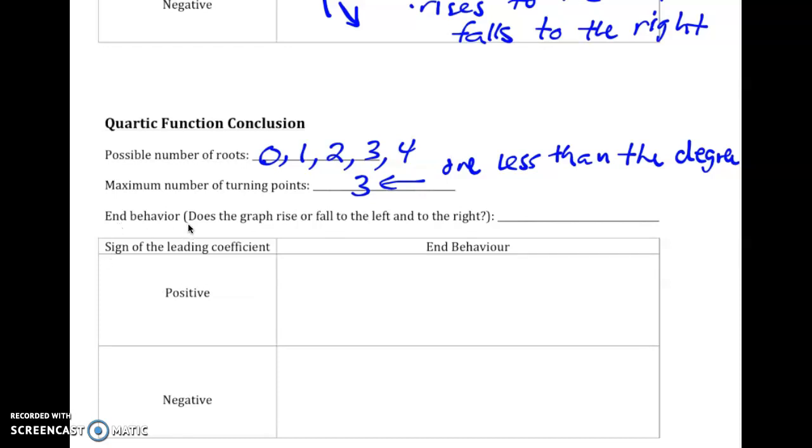What about the end behaviors? If you look at all the end behaviors of the quartic functions, you'll see that they go in the same direction. So they either both start and end up, or they both start and end down. So now we need to look and see what happens when there's a positive leading coefficient and a negative leading coefficient.